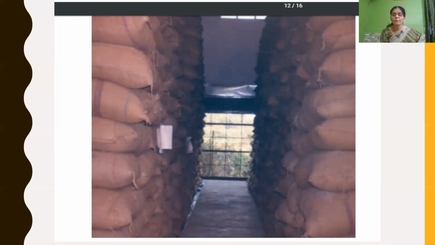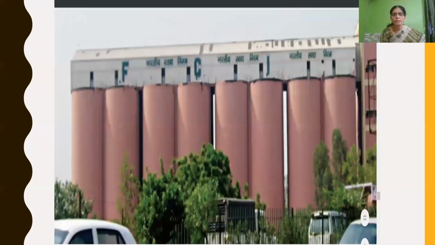And here some special chemical treatment is being done in order to protect these grains from pests like insects, rodents, etc. Now in the next, yes, these are large metallic bins, what we call silos. So these are silos which are used for storing grains.